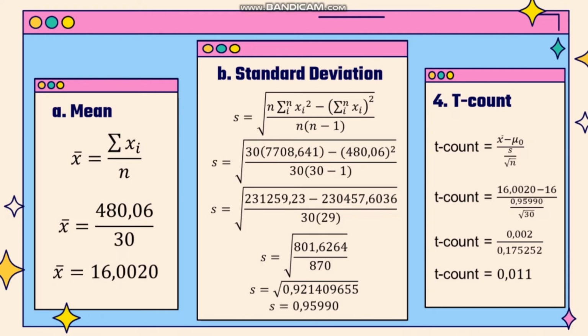We calculate, we get the value of standard deviation is 0.95990. And for t-count, we use the formula x bar minus mu 0 over s over the root of n. We calculate t-count, we get the value of t-count equals 0.011.